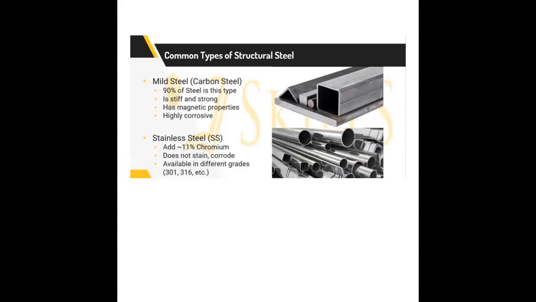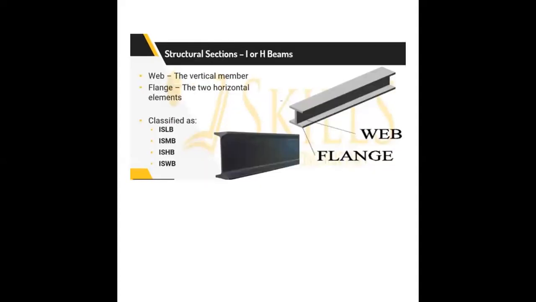Then we talk about stainless steel, which adds 11% chromium and does not stain or corrode. It has different grades, for example 301 to 316. Now we are discussing structural sections, I beams.